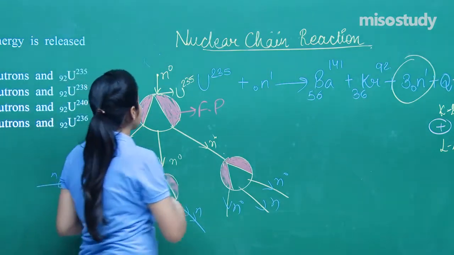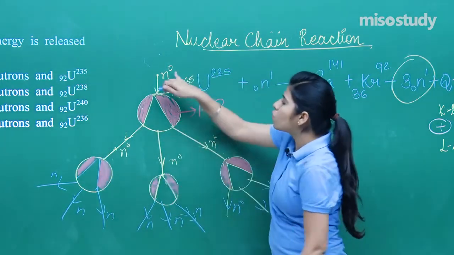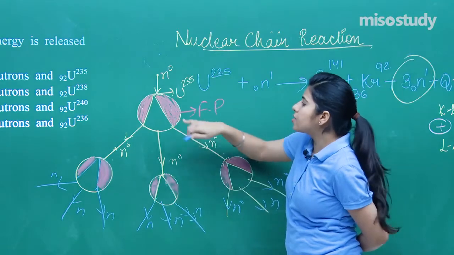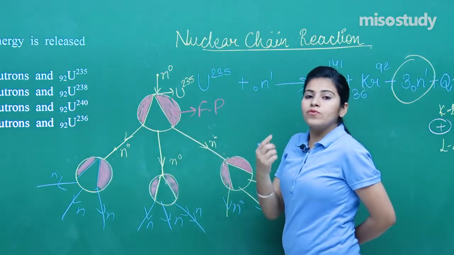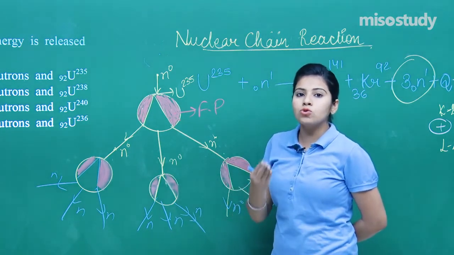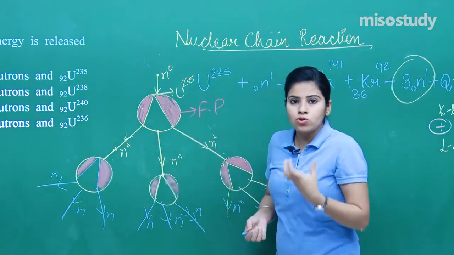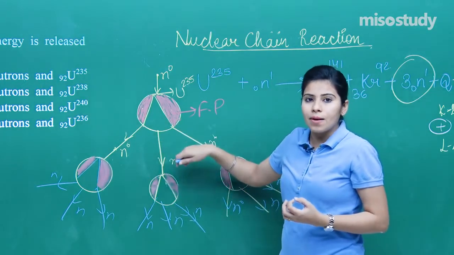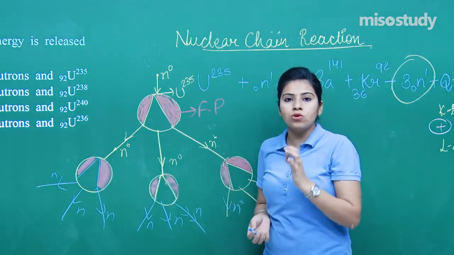Now you are having this figure before you where you can see one fast moving neutron is hitting this isotope and it is showing that 2 fission products and 3 neutrons we are getting. The 3 secondary neutrons that are coming after this emission are fast moving neutrons.